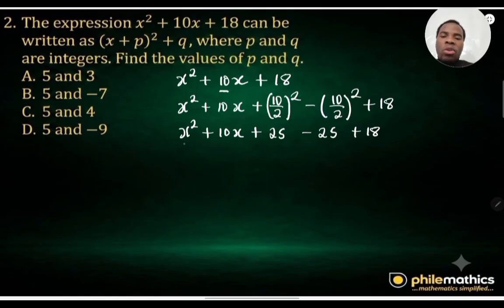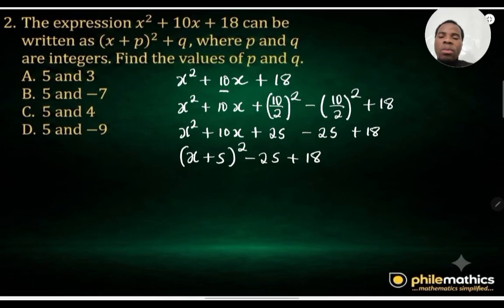Now, we can factorize x squared plus 10x plus 25. This gives us x plus 5 all square, because if you open this bracket, you will exactly get x squared plus 10x plus 25, and then minus 25 plus 18.